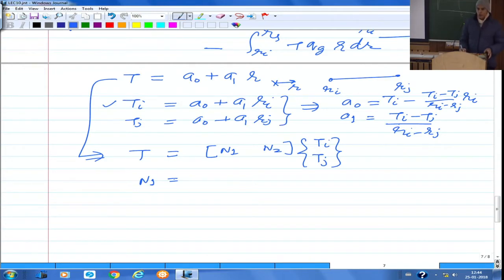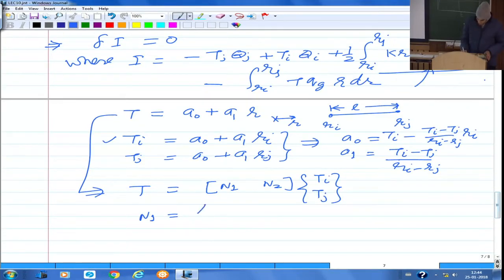What would be the value of n1? So essentially the difference Rj minus Ri would be equal to the length of the element. So let us say the length of the element is L. You have to put these values here and collect the coefficient of Ti, that will give you n1, and you can see that it has to be Rj minus R divided by L, which is Rj minus Ri.